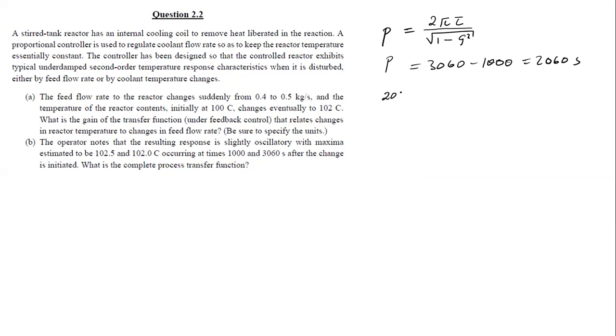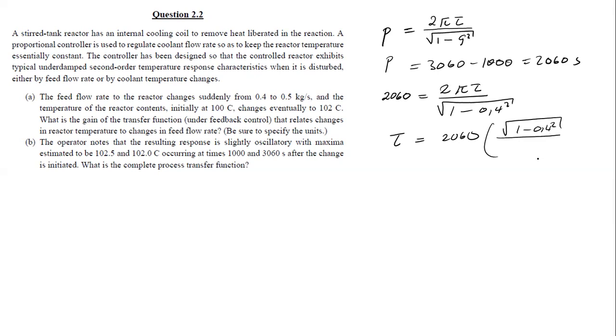We have 2060 equals 2 pi, we are looking for tau, divided by the square root of 1 subtract 0.4 squared. I'm going to multiply everything by the reciprocal of this to get tau, meaning I'm going to multiply 2060 by the square root of 1 minus 0.4 squared divided by 2 pi, and then I will get my answer.